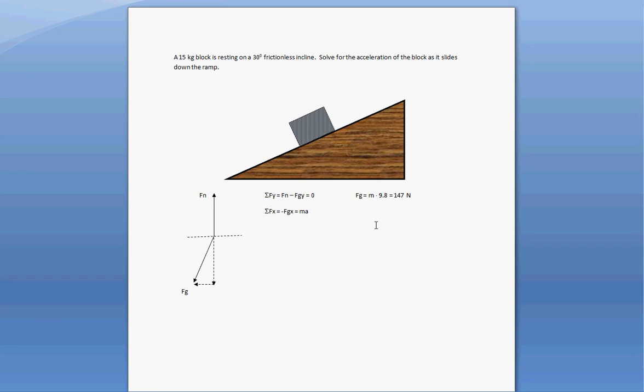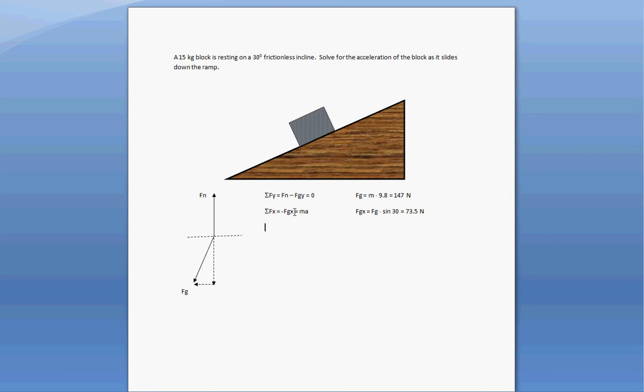So Fg in the x direction is equal to Fg times, well, this is an opposite side to the angle we're using, so that makes that sine of 30 degrees, which is the angle we're using. Fg is 147, and the sine of 30 is 0.5, so that means that those multiplied together are 73.5 newtons.